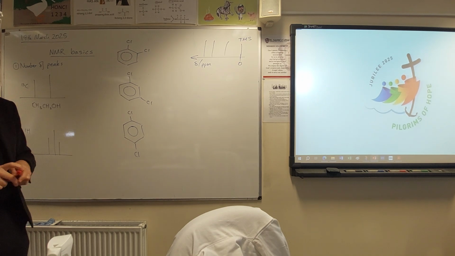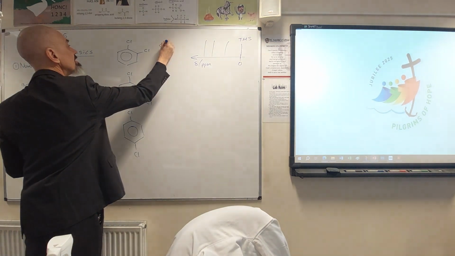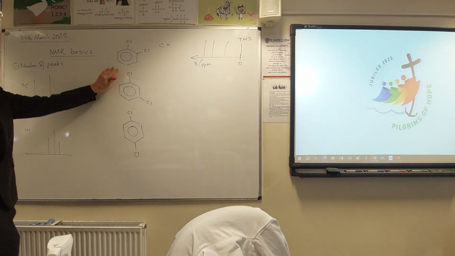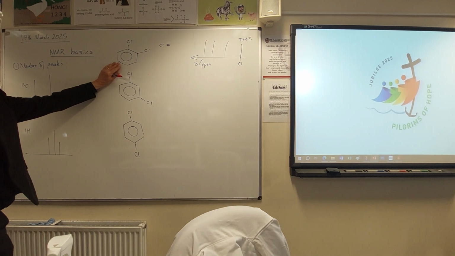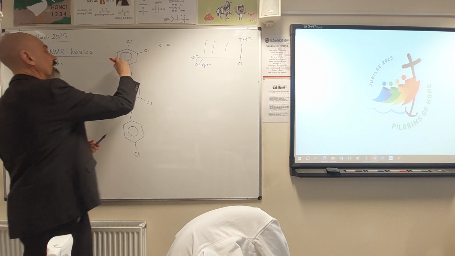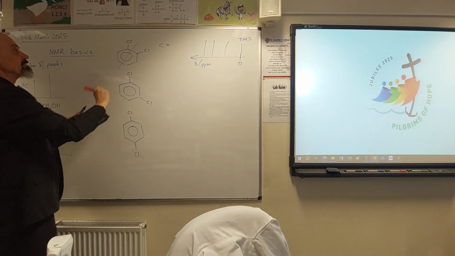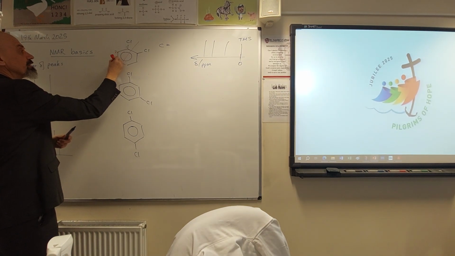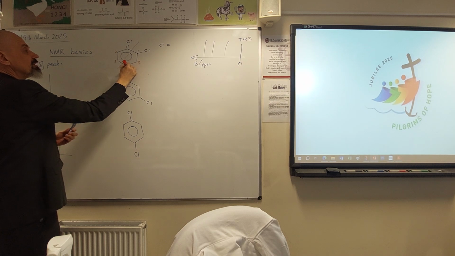How many carbon-13 peaks do we get for 1,2-dichlorobenzene? 3. So I've got a line of symmetry there. So we've got carbon 1, 2, and 3, and then those are all identical.